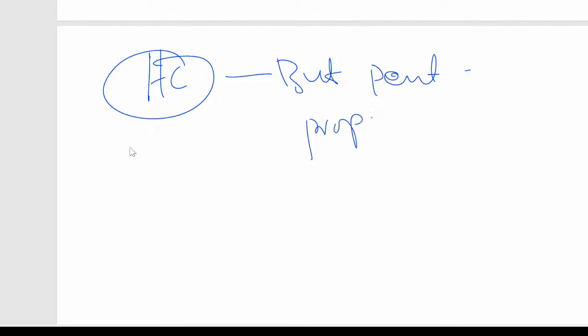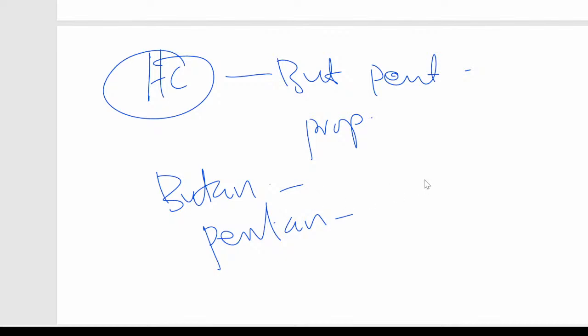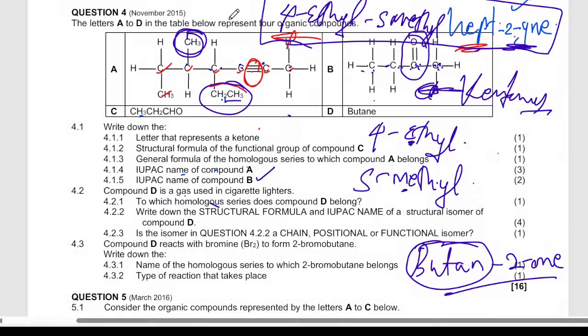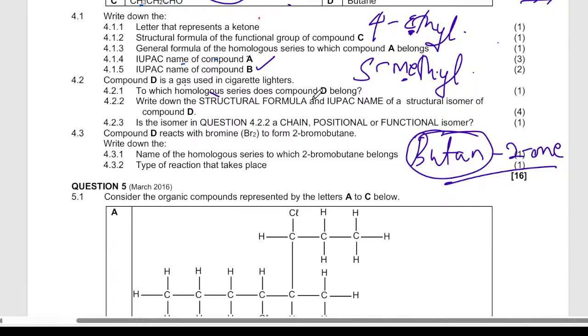But once it's these other groups, you say but, you reach here. Pentan, then you put whatever you want to put. Pentanol, pentanone, pent, on. You see? So you add up to here. It's only the hydrocarbons, alkane, alkene, alkyne, where you stop here. But the other homologous series, we have to add up to there. Is it clear? Then we go to the next one.